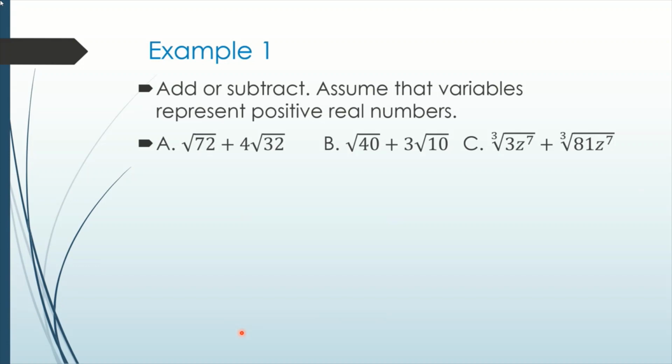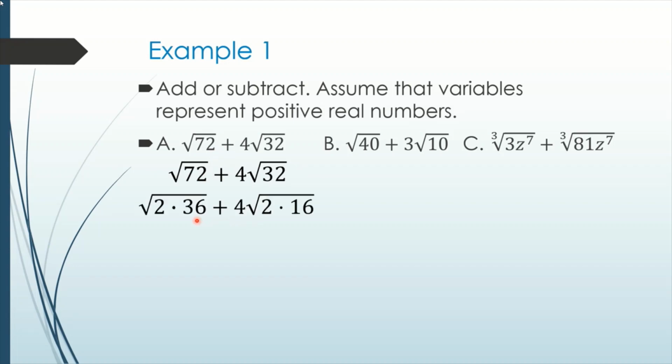So here's an example. Directions state add or subtract. Assume the variables represent positive real numbers, if there are variables. In order to combine like terms, what you want to do first is simplify it. So that means you want to break it apart. You want to find the largest square that goes into 72, which is 36. The largest square that goes into 32 is 16.